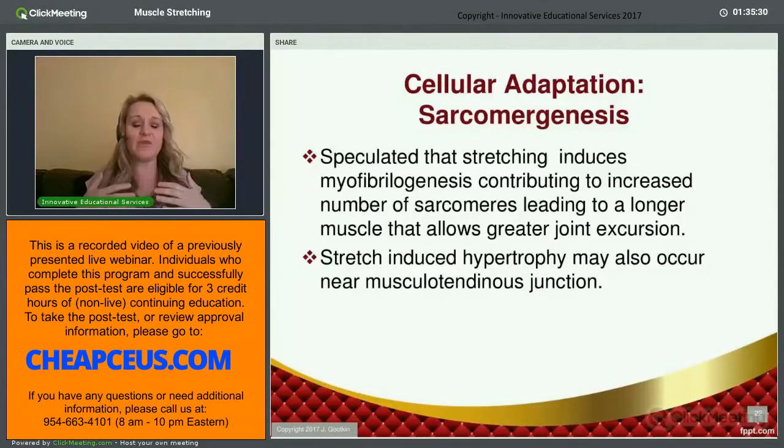When we have actual lengthening of the muscle, new sarcomeres are going to be deposited to restore that length-tension relationship. And the thought is that when we have muscle stretching, we're tapping into this same idea, because we're applying a force that's going to allow these sarcomeres to generate, to allow for greater length.